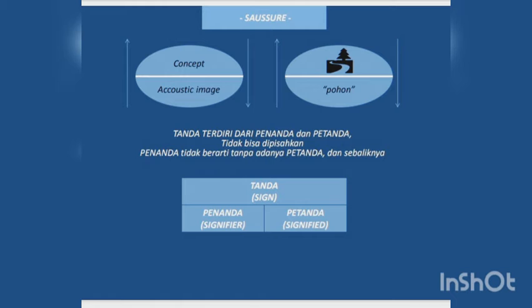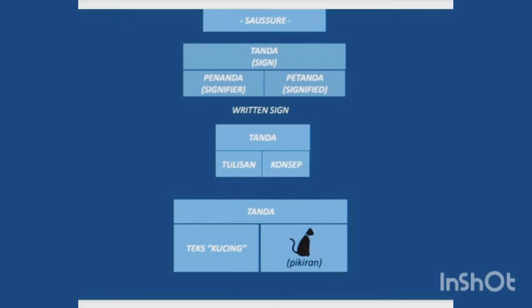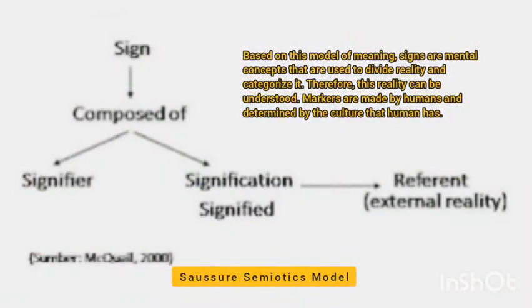Besides, objects to Saussure are called referents. In short, sounds and pictures are called signifier, and the concept of sounds and images are called signified. Saussure describes a sign consisting of a signifier and signified as follows.